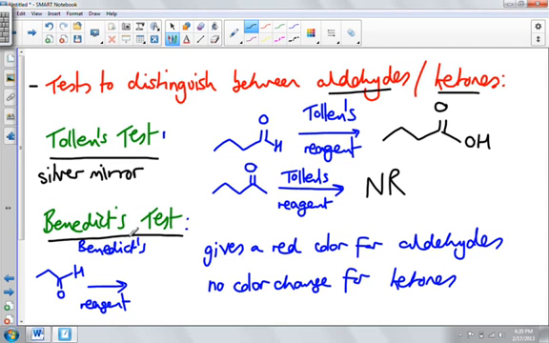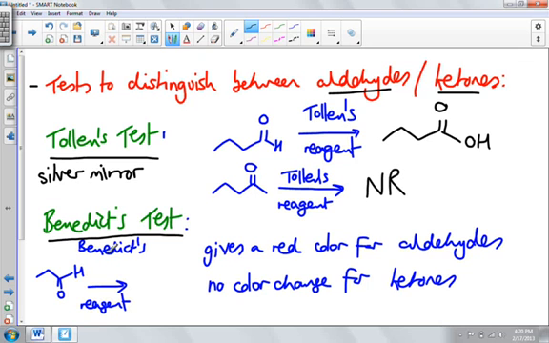Benedict's test. In theory, this works the same way, unless you have Benedict's reagent that doesn't work, which some of us have seen before. This, in theory, gives a red precipitate, a red color that's indicative of the aldehyde being oxidized.